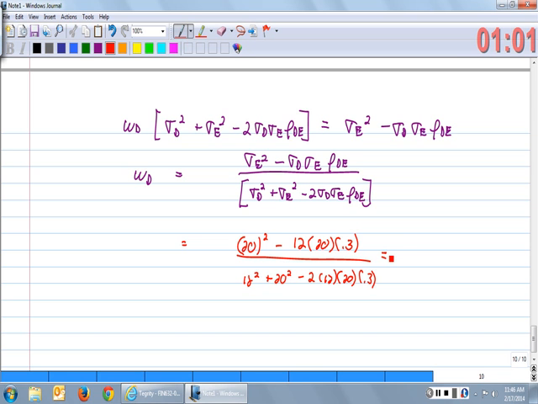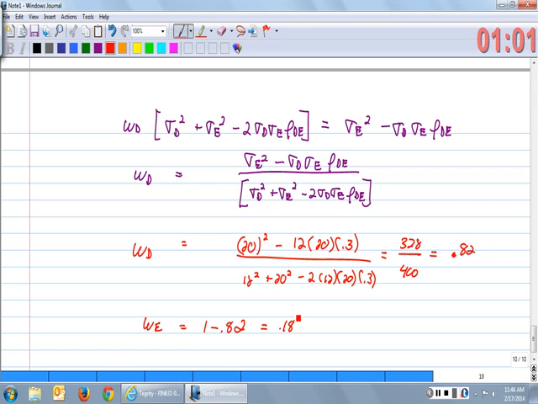I believe this gives us 328 divided by 400, which gives us 0.82. And so WD is 0.82, which means WE is 1 minus 0.82, which is 0.18.